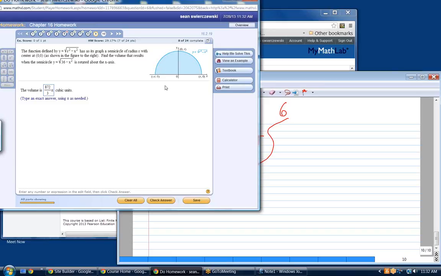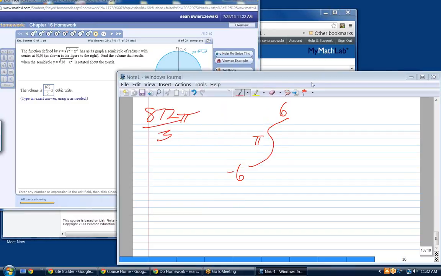We slice this up vertically into disks and integrate from minus 6 to 6. Each radius is the y value, and we square the radius because it's pi r squared, so we end up with 36 minus x squared dx. So there's our setup.